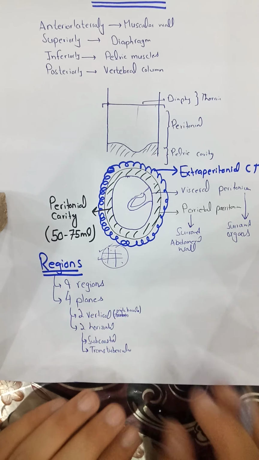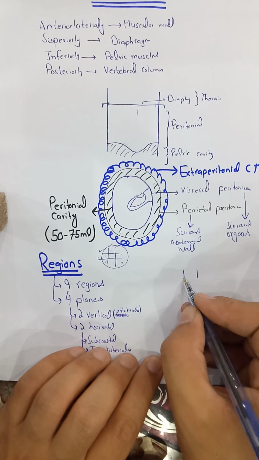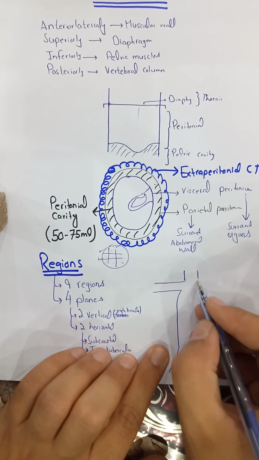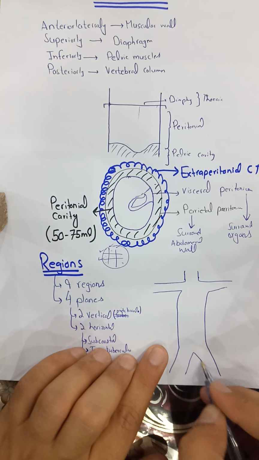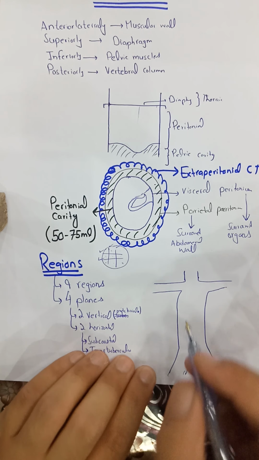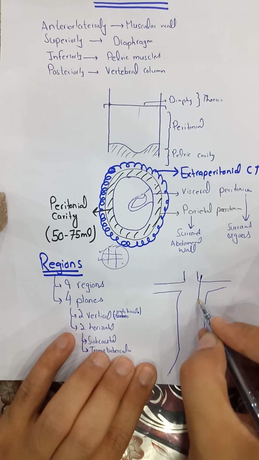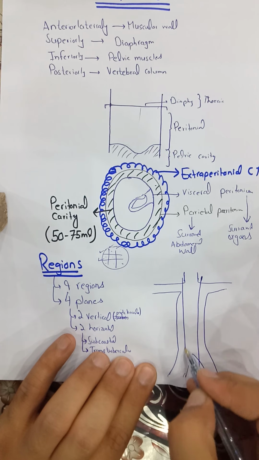Now we will see these planes here on the body. I will draw a rough diagram. So this is the body. First of all I will draw the mid clavicular planes. So these 1, 2 will be the mid clavicular.